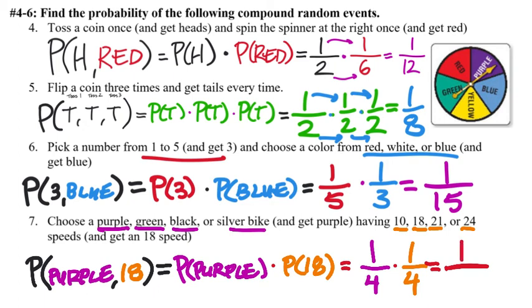In the denominator, 4 times 4 is 16. And yeah, so we get 1/16th. It's a 1/16th chance of choosing a purple bike that has 18 speeds. And again, just to reiterate this, just in case it asks for it on the assignment, if it asks for decimals or percentages, you should be able to do that. We had a full unit on that, essentially. So yeah, the expectation is that you are able to do that by now.